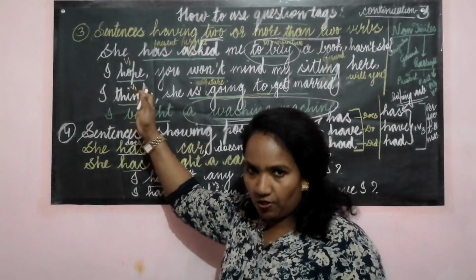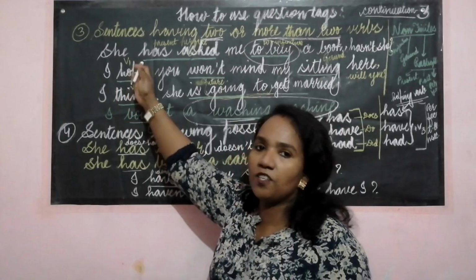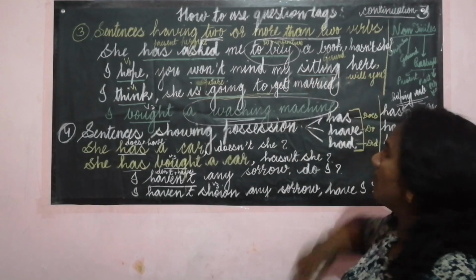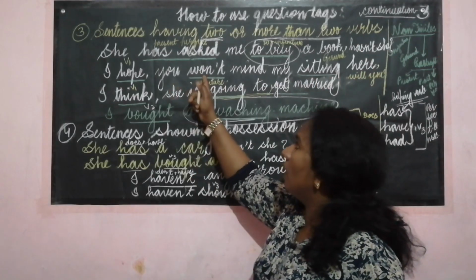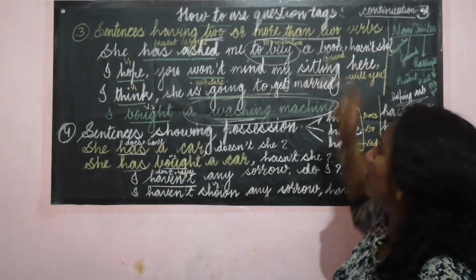Let us move to the second sentence. I hope, here hope is the first form of the verb. I hope you won't mind my sitting here. You won't means you will not mind my sitting here.